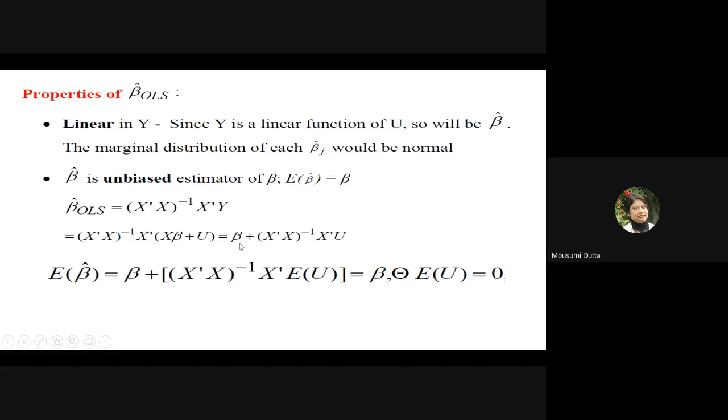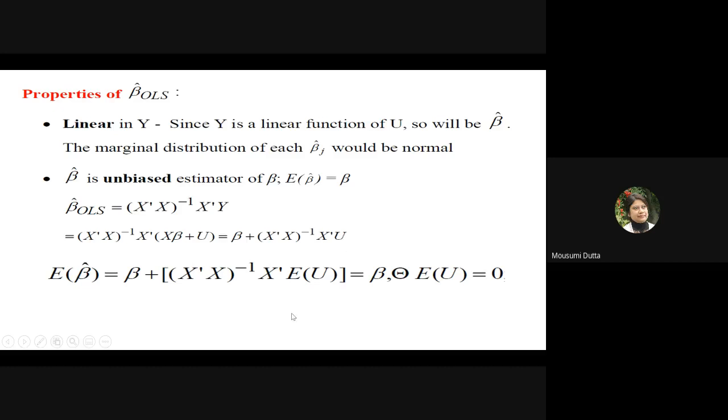So we will get beta plus (X prime X) inverse X prime U. So expectation of beta hat is equal to expectation of beta plus (X prime X) inverse X prime expectation of U. Now expectation of U is equal to 0.